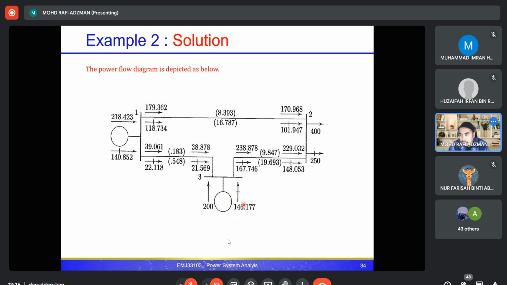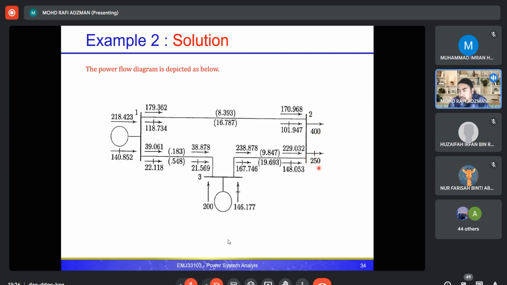So PV, your energy injected to the bus, while PQ, your power delivered out from the bus. For example, bus 2, you have P 400 and Q 250. Okay. And you have to put all the parameters, including the line losses. Okay. This is line losses.